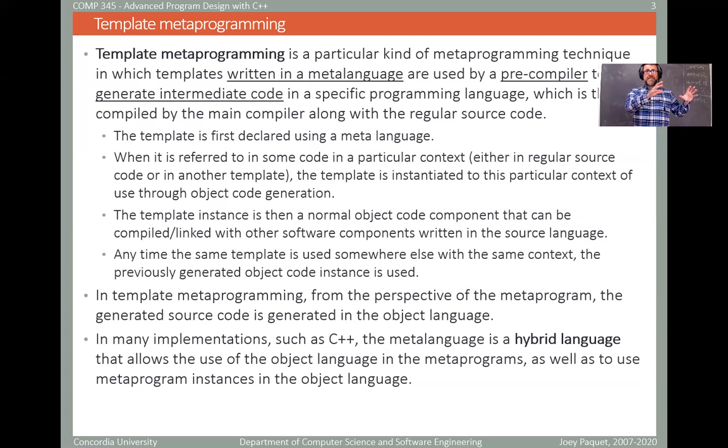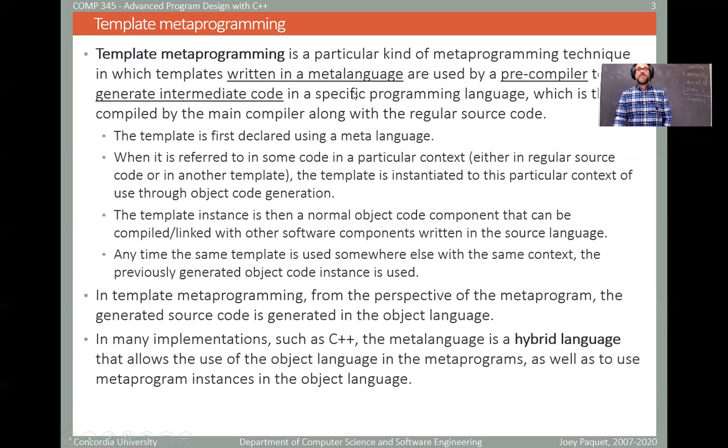Whereas a template in C++ is not something that executes at runtime. It's the class that is generated by the template processor that is executed at runtime. It's the result of the processing of the template by the processor that is executed at runtime. So in this case, you need to have a meta language.